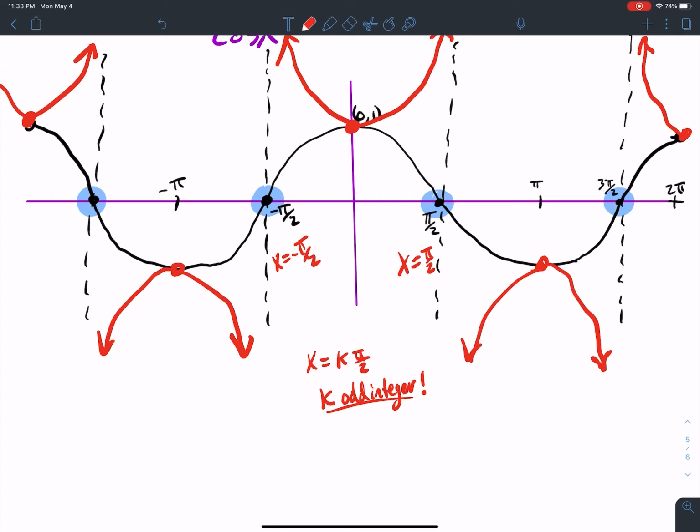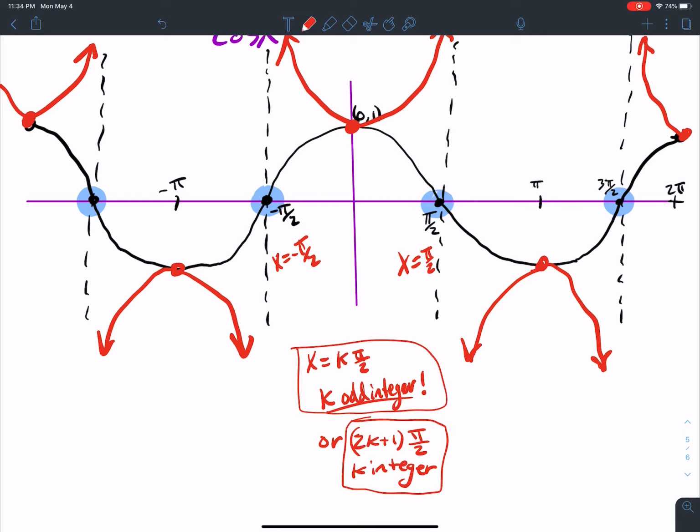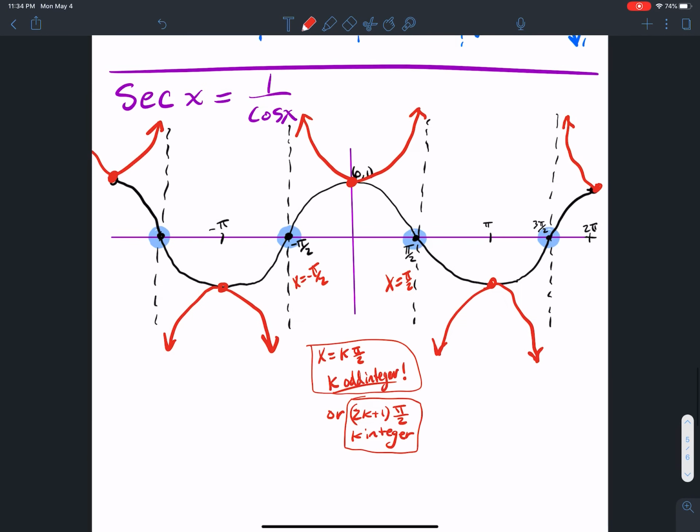Okay, I will take that. Or you could just say 2k plus 1 times pi over 2, where k is an integer. All right, so either one of those I will accept, whichever one's easier for you to remember. Those mean the same thing.